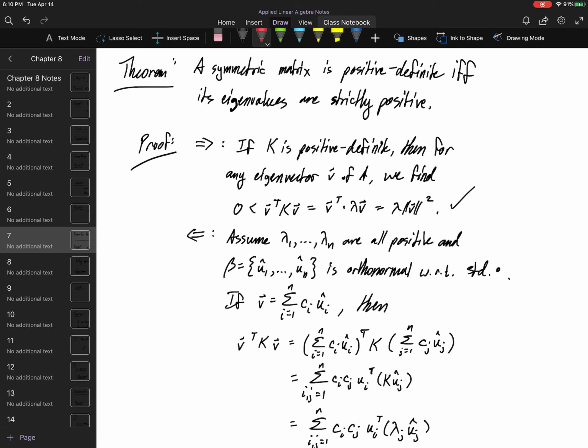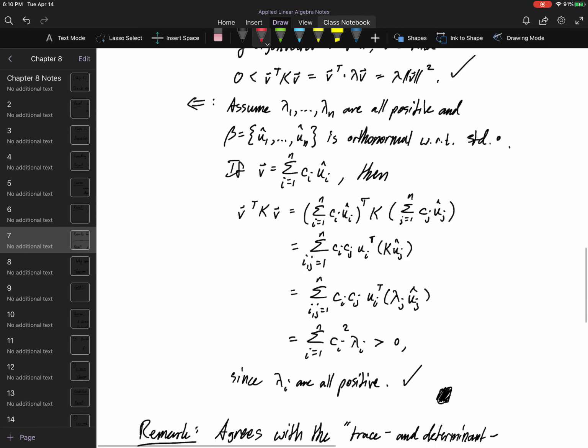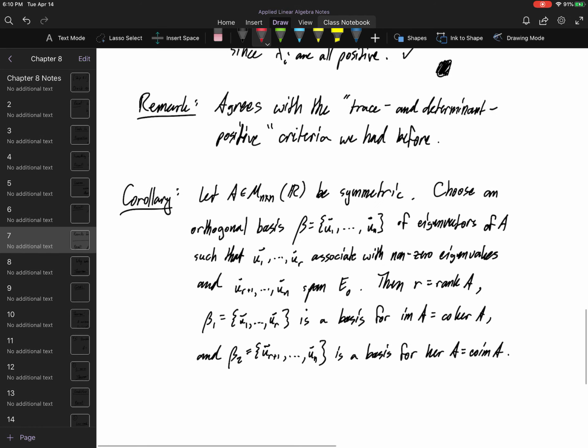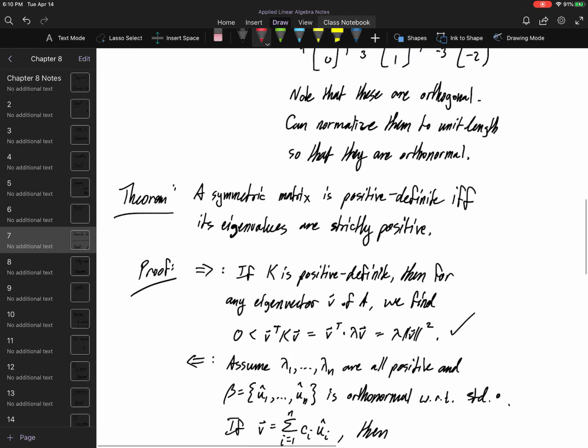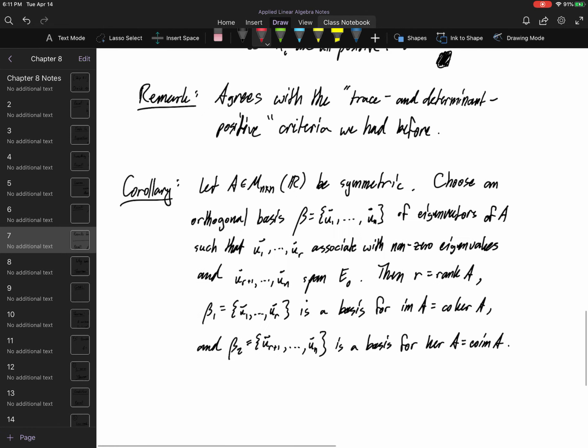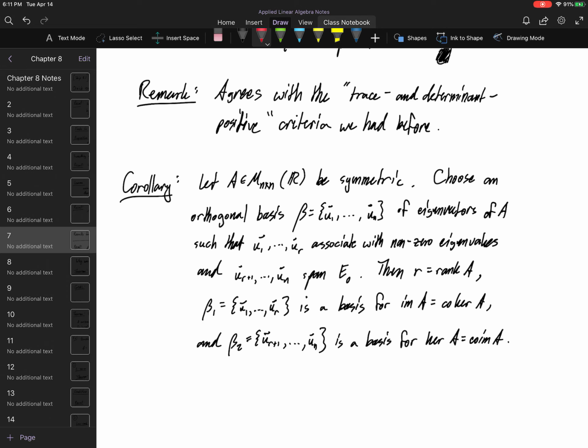But as a corollary to this theorem, symmetric and positive definite is equivalent to saying that your matrix has strictly positive eigenvalues. If we have a symmetric matrix A, and you choose the orthogonal basis that is guaranteed to exist by this theorem upstairs, then we can associate with the non-zero eigenvalues the first R vectors.